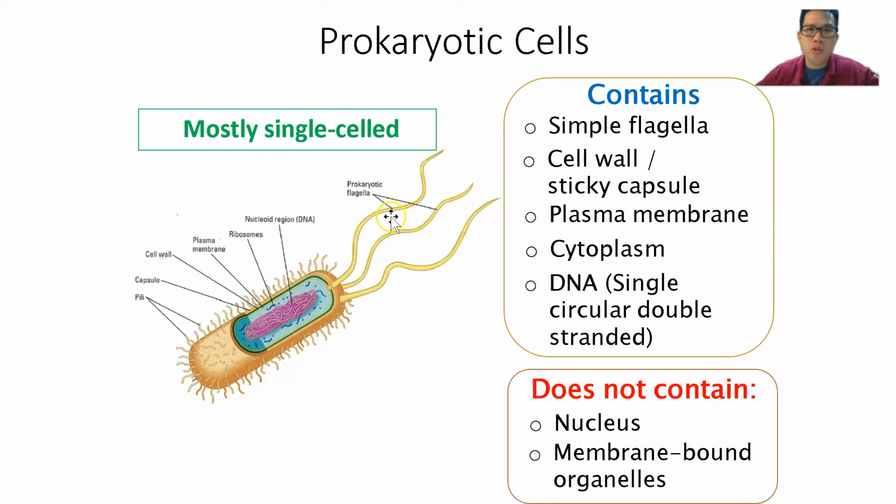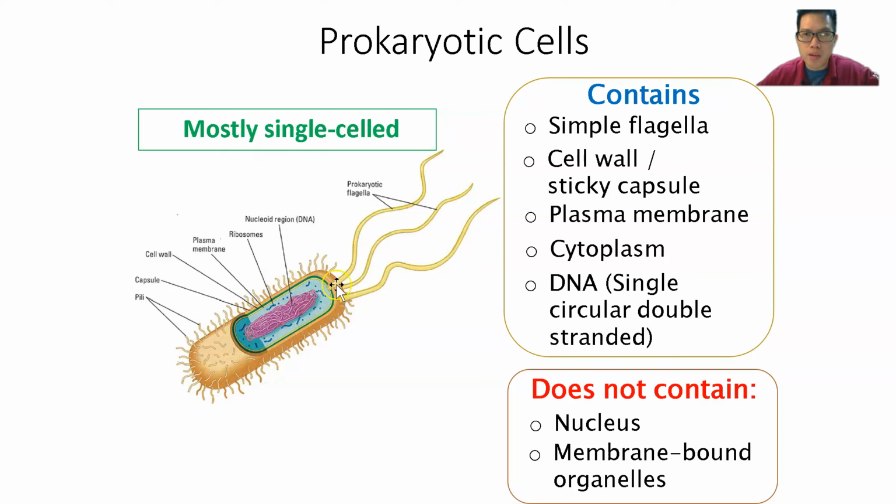Usually if you're looking at prokaryotic cells, they have a simple flagella, and usually they have a cell wall. Sometimes they have a sticky capsule as well to stick on their host or certain types of surfaces. Then they have a plasma membrane. They have the cytoplasm, which is the interior area over here.